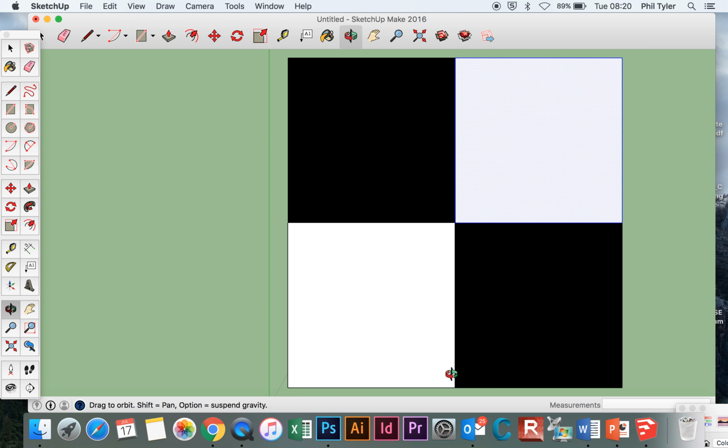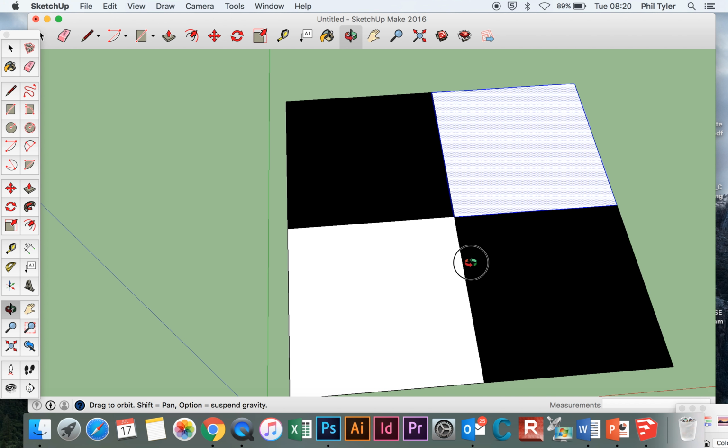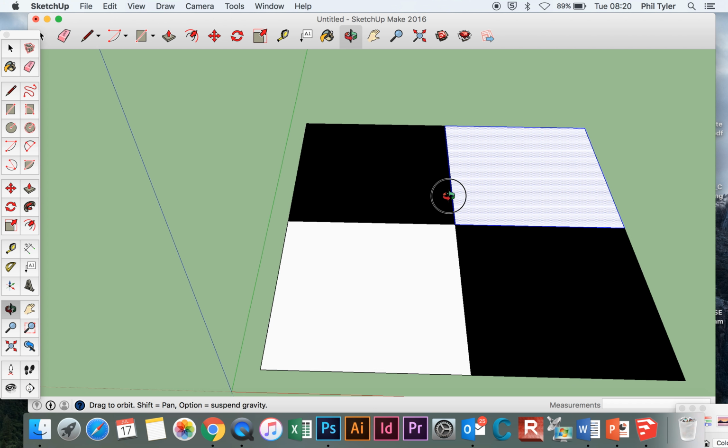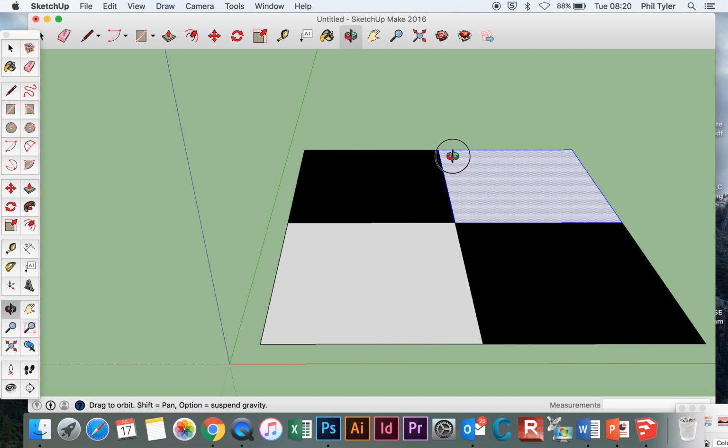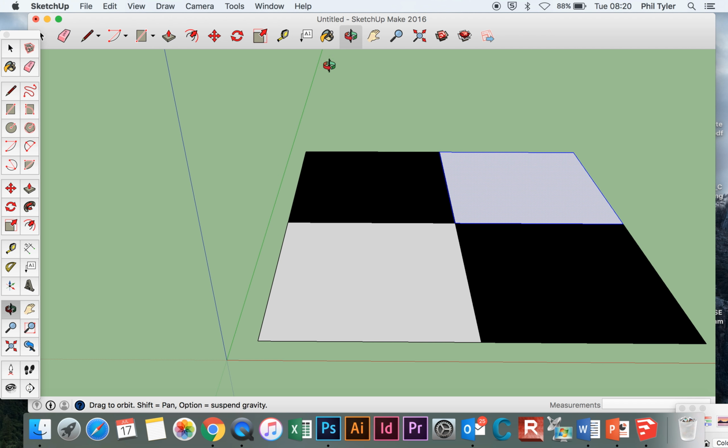So I'm just going to move my position. Now obviously I'm just going to move myself to about here. Now this side, and this side is still parallel.